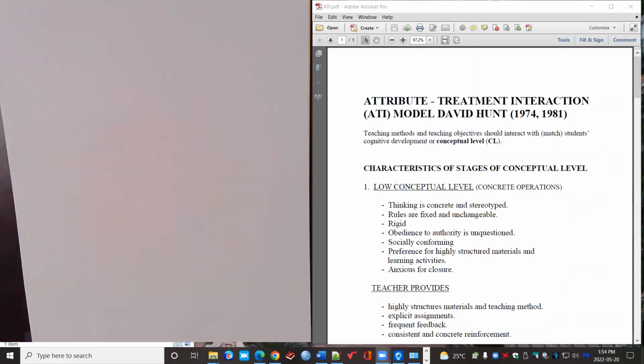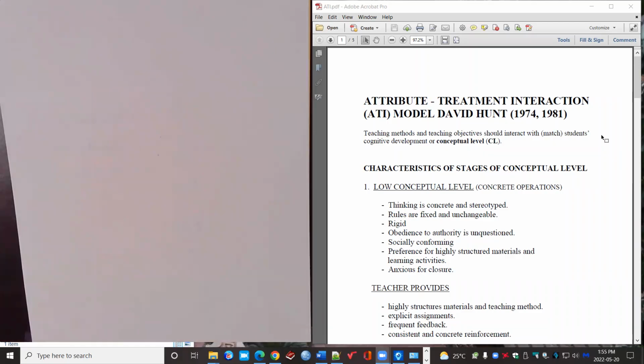So teaching methods and teaching objectives should interact with students, or in David Hunt's term, it's called matching. Okay? Should match what students' cognitive development or conceptual level.